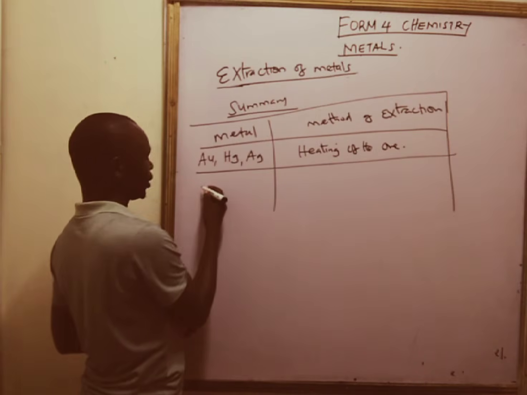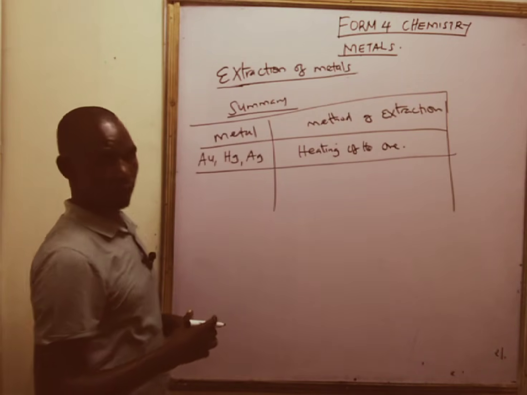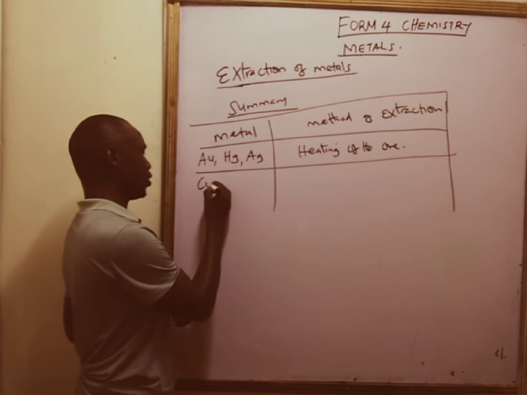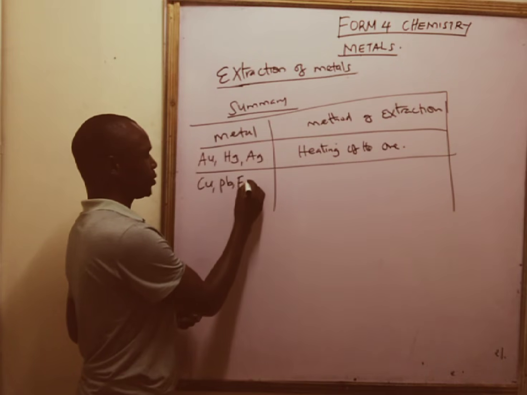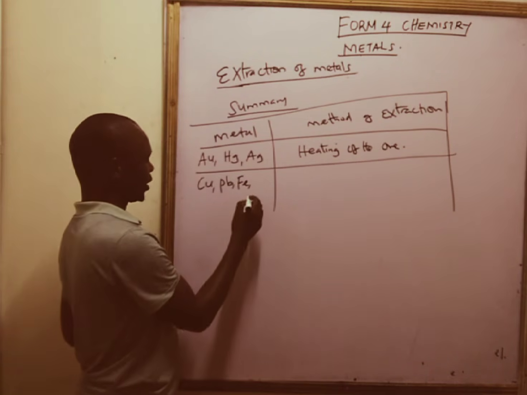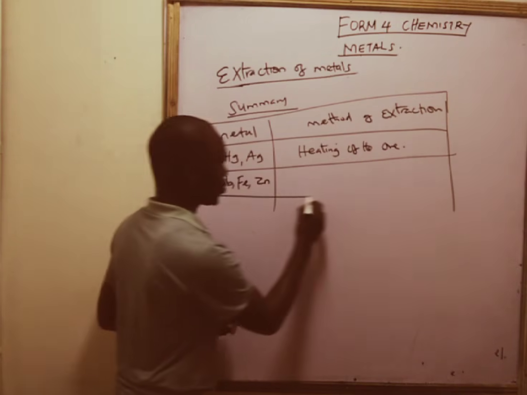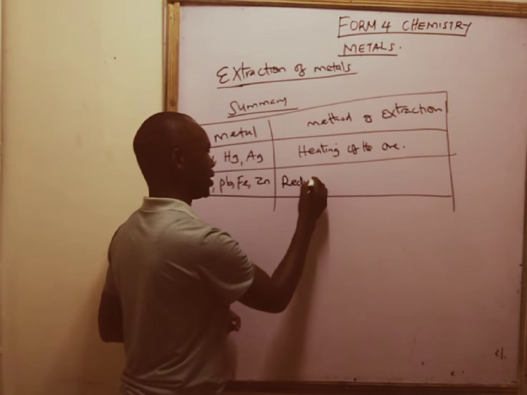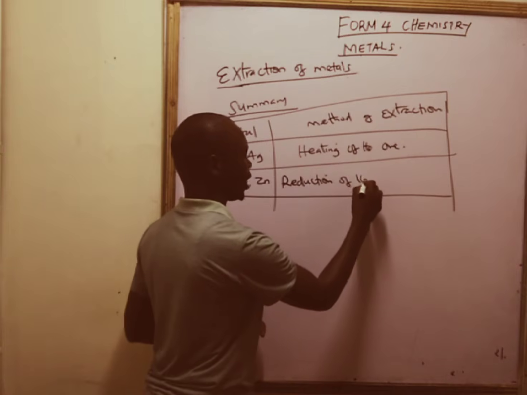Number two, we have talked about elements or metals which lie in the middle of the reactivity series. The metals are like copper, lead, iron, zinc, etc. These ones are extracted using reduction method, or what we call reduction of their oxides.